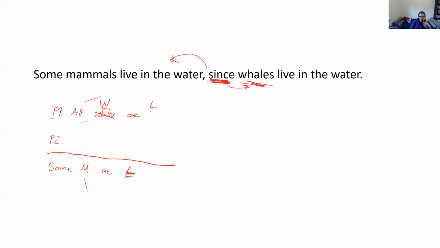Once again, whales, our middle term, is already distributed, so we don't know if this is A or I. And here, we don't have a distributed term in the conclusion. Both of these terms are undistributed, which means it doesn't matter if premise 2 distributes a term or not. In this case, this is something unusual.